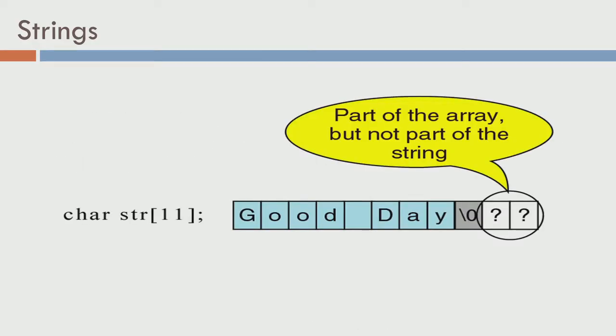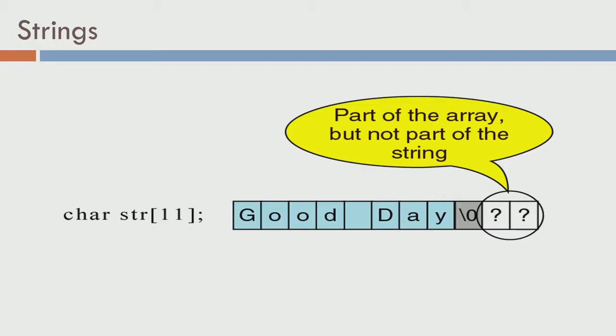Let us say I have an array str of length 11. You can see that in this example the string, even though it has 11 bytes of storage allocated to it, only has the contents good space day followed by the special character \0. So, remember that that is going to be part of every string. There are 2 characters or 2 bytes that are not used by the program.